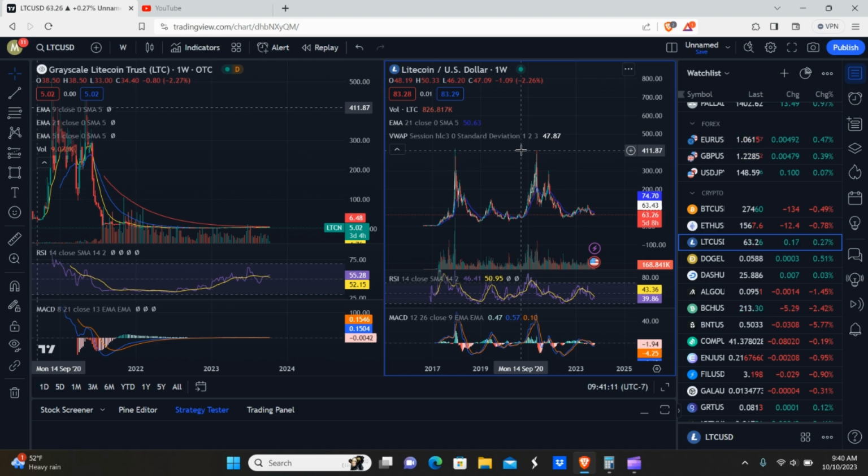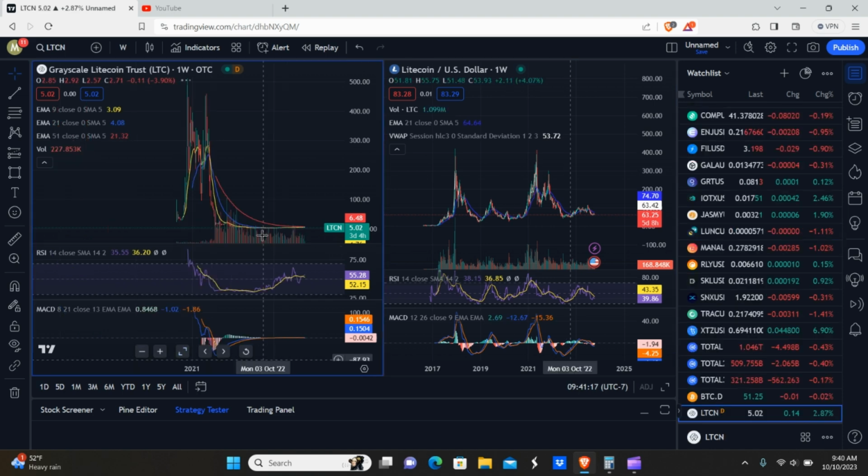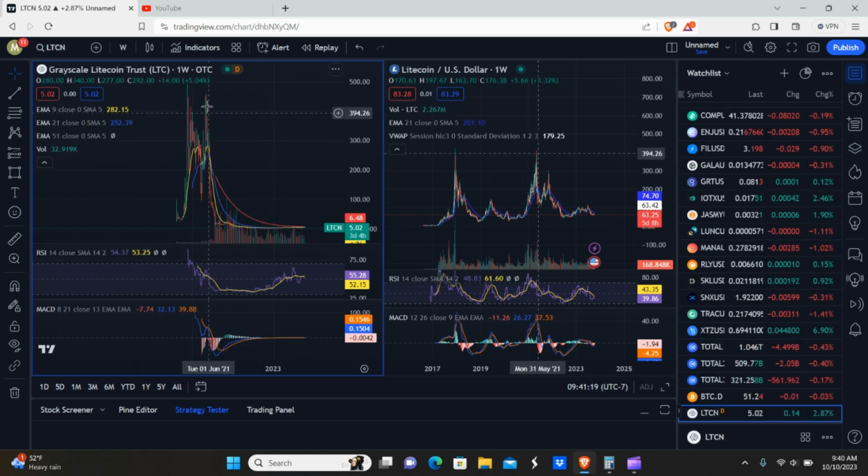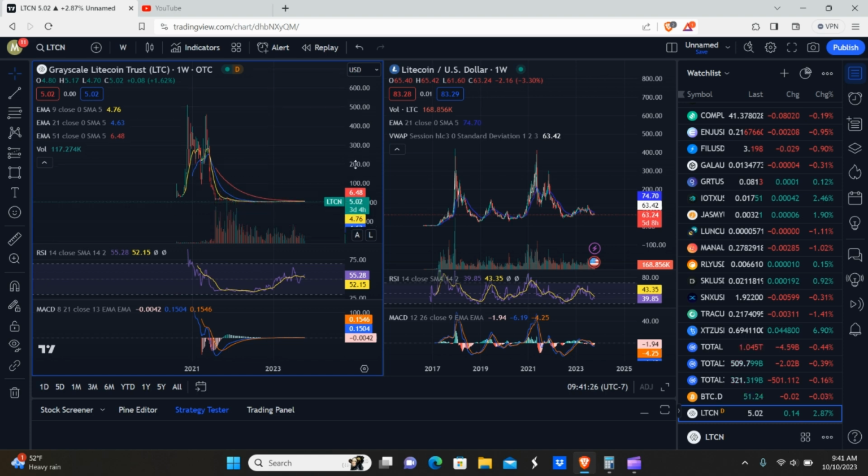All-time high is about 400. So you're taking a look at maybe as much as a 7x on that. Compared to LTCN, it's at $5, and the all-time high is basically around $450 to $500. So maybe you're looking at as much as a 90 to 100x. So in this case, we would buy LTCN because the upside potential is much greater and the risk is much lower.